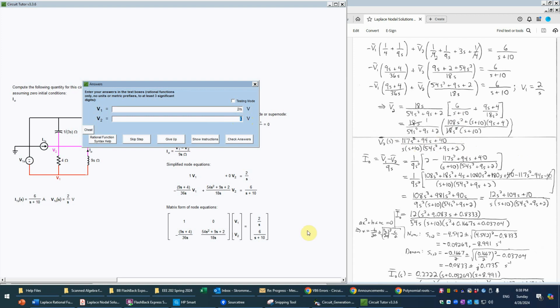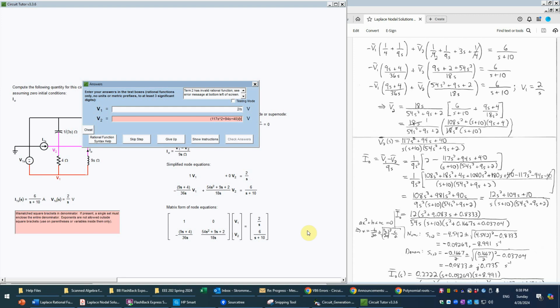So again, using parentheses, that's going to be the 117s squared plus 94s plus 40, all divided by, again, now I need to actually use square brackets since we have a product of multiple terms in parentheses. We're not allowed to put parentheses inside parentheses in most cases. So here I'll use a square bracket to surround the parentheses.